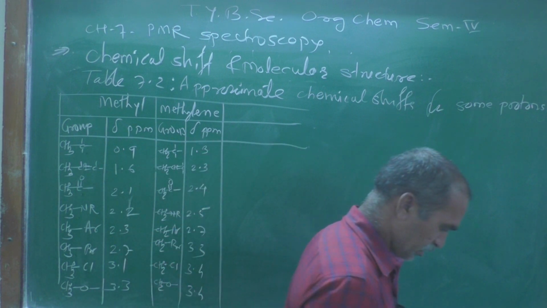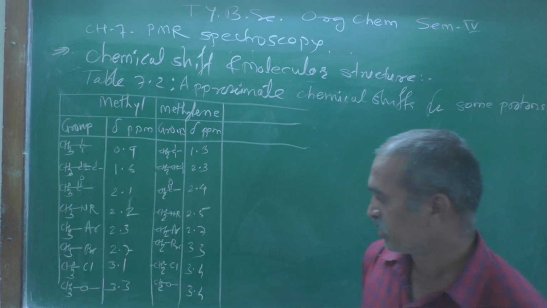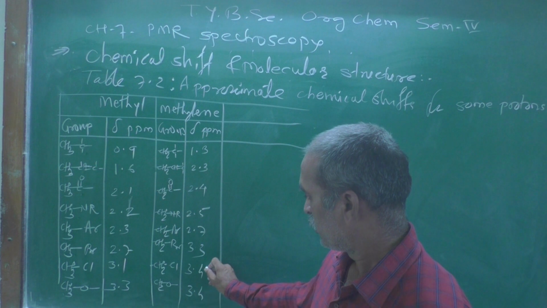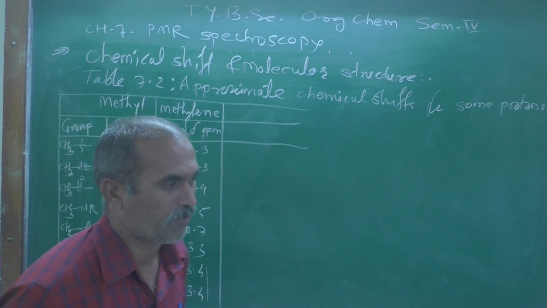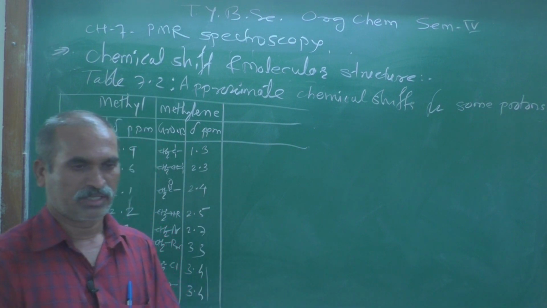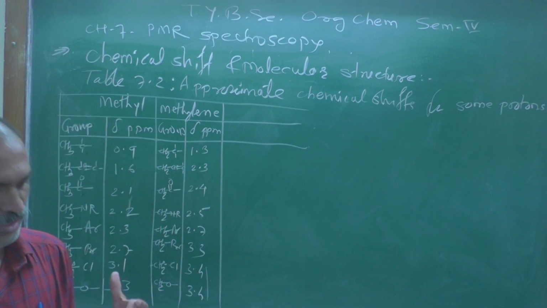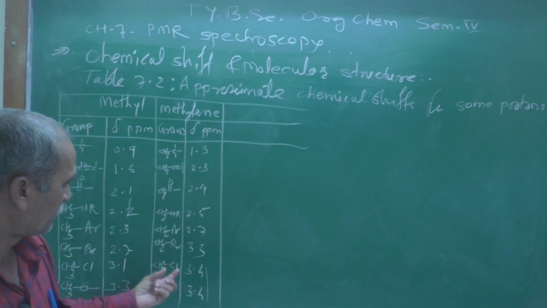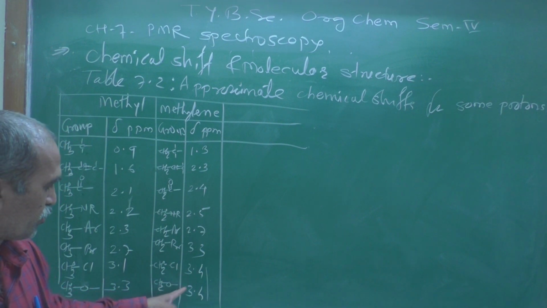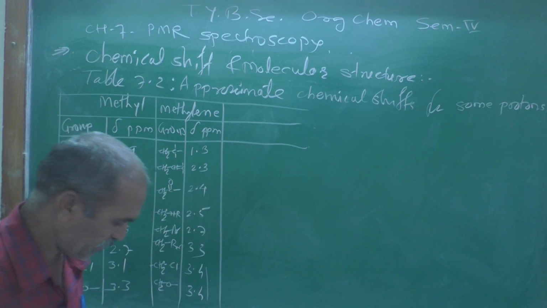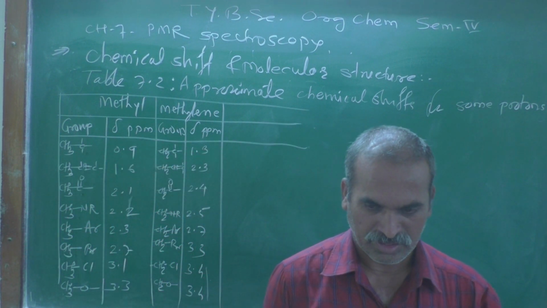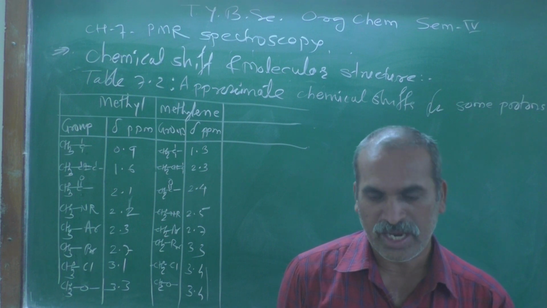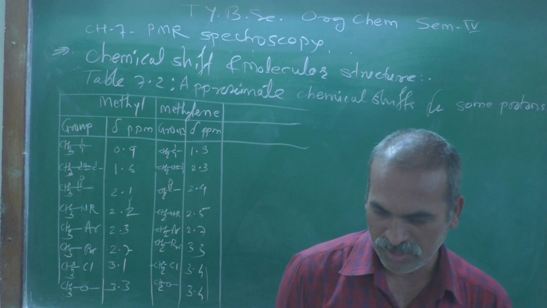So you might get, if these two chemical shift values are exactly the same, then there is a confusion whether this group is present or this group is present. After that, look at the molecular formula.